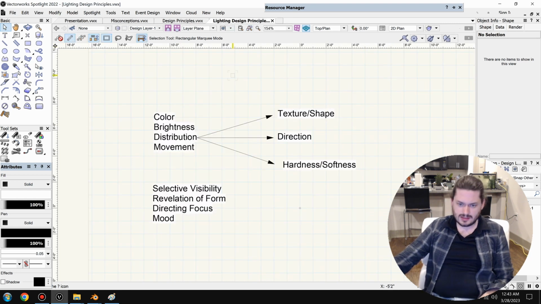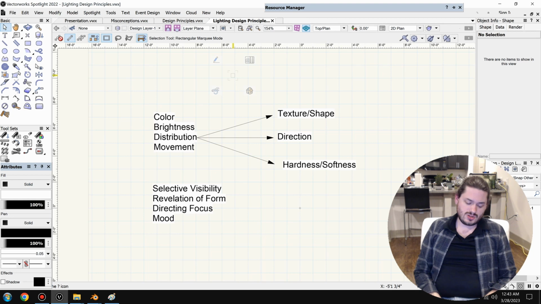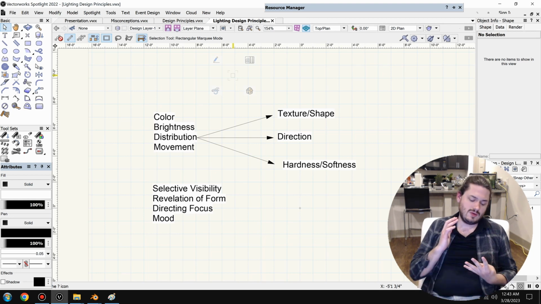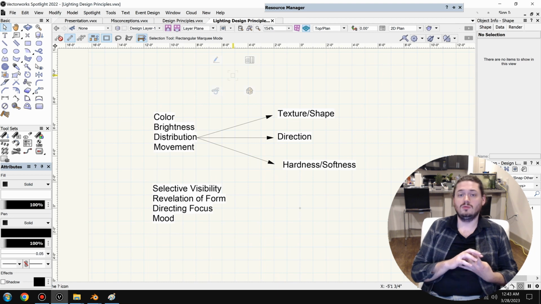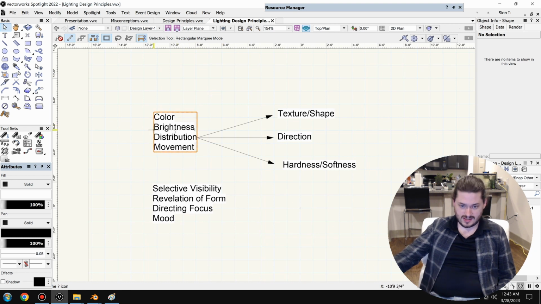This is a little bit of a simplification, but it is generally the textbook rundown of lighting. So there are four fundamental things that you can control with your lighting. You can control the intensity, which is brightness. You can control the color.